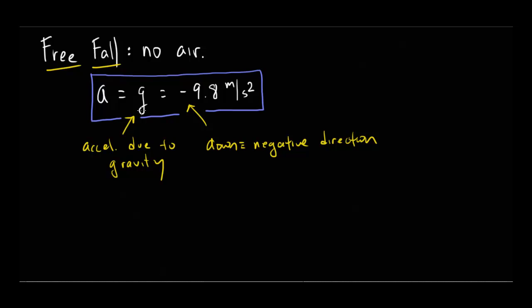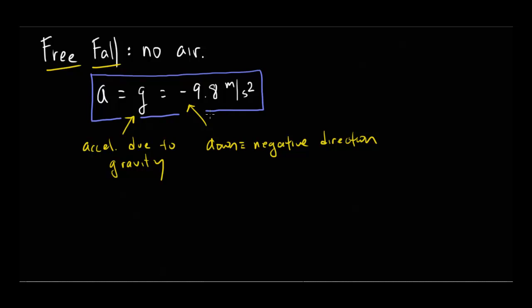We'll use this letter g in place of a to indicate that the acceleration is this special value of negative 9.8. So this is a uniform acceleration. As I said, we're treating it as constant, which near the surface of the Earth is a fair assumption to make.